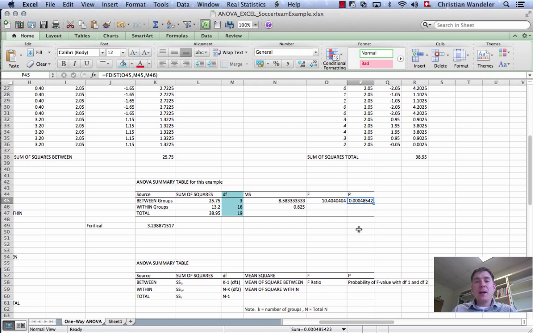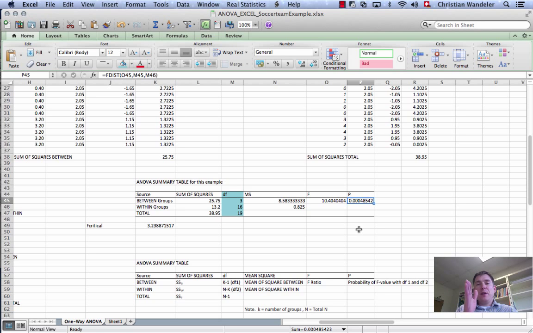And not surprisingly, the p-value of getting such a big F value is very low if in reality there were no difference, right? So we conclude to reject our null hypothesis. Our p-value is way below 0.05, and we go with the alternative hypothesis. And here it's a good example.